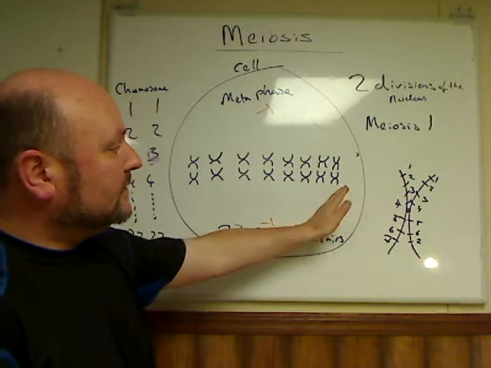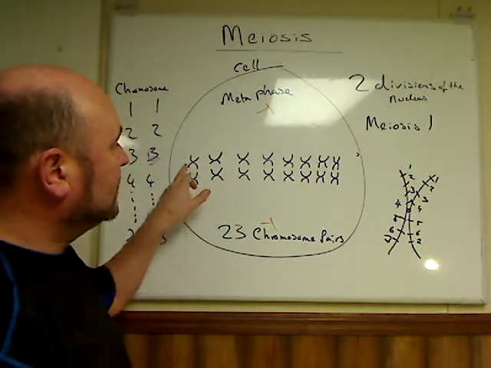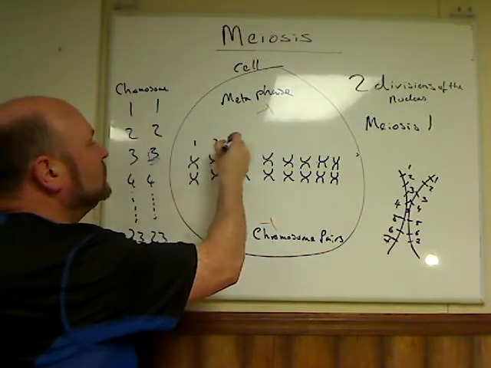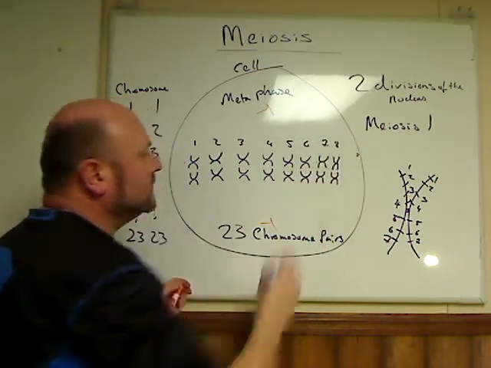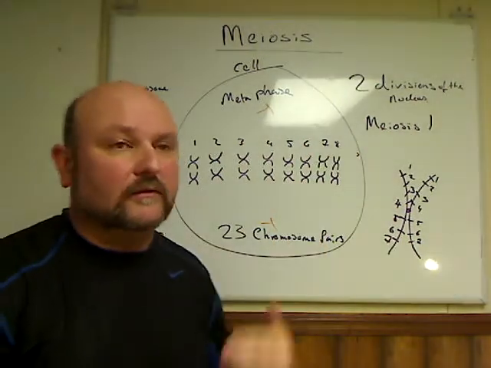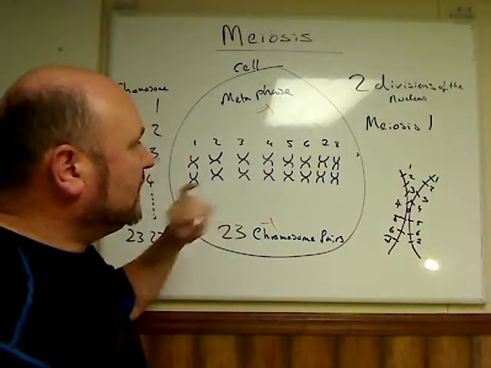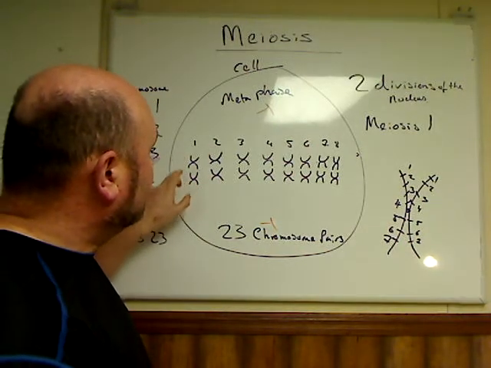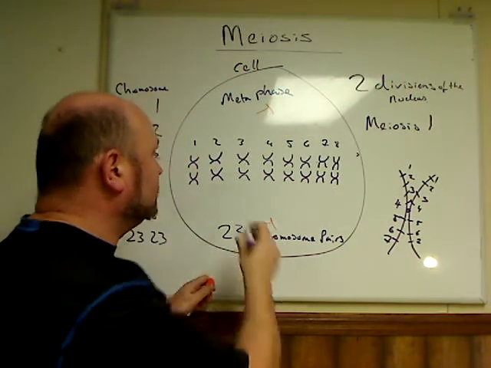In the 8 here in meiosis, the start of meiosis, here's your 8 chromosomes. Now, chromosome 1, 2, 3, 4, 5, 6, 7 and 8. Now they don't line up in order 1 to 23 because they don't realise that they have numbers, but they line up along the metaphase plate in their homologous chromosome pairs.